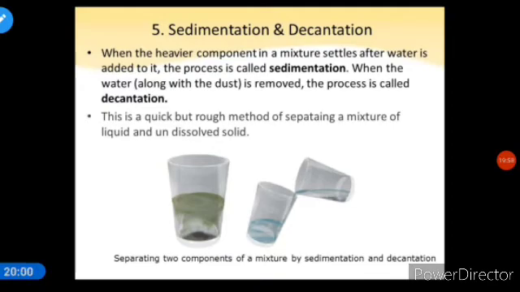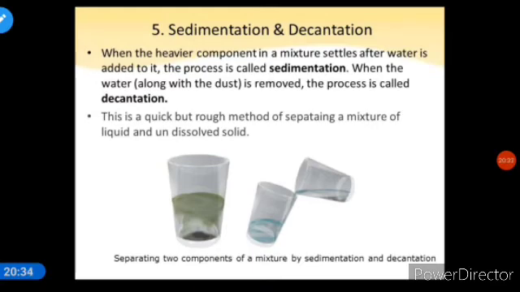For example, if you take a mixture of sand and water, then sand is heavier than water. Sand easily settles down at the bottom, and then we can use this method. After sedimentation, when the water is removed, this process is called decantation. This is a quick but rough method of separating a mixture of liquid and undissolved solids.